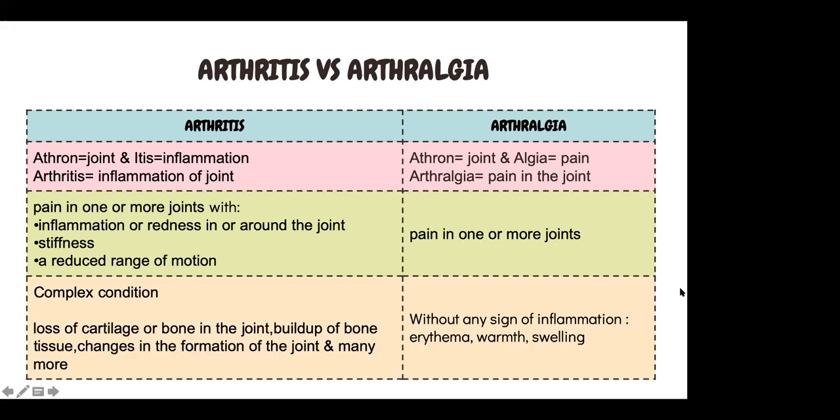And usually arthritis will lead to a complex condition such as loss of cartilage or bone in the joint, buildup of bone tissue, changes in the formation of the joint, loss of mobility, sudden severe pain from uric acid deposition in the joint, and many more. Next.